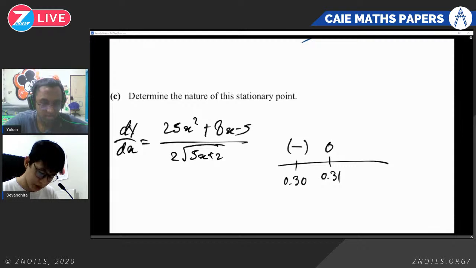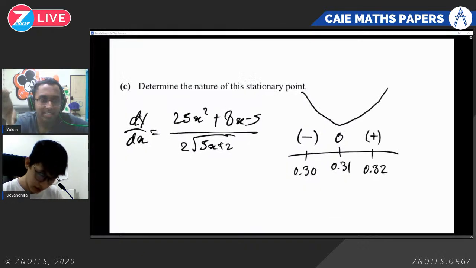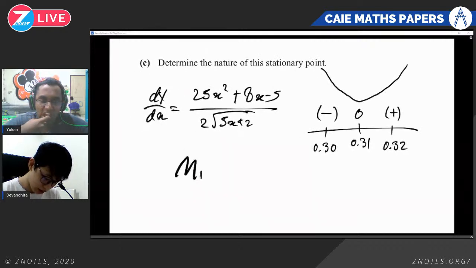What about when it's a bit higher? If it's a bit higher, it's a positive value. If you draw the lines for it, you'll see that it's decreasing, then it stops, and then it goes back up. So that is a minimum point. Okay, so just for our answer, minimum.